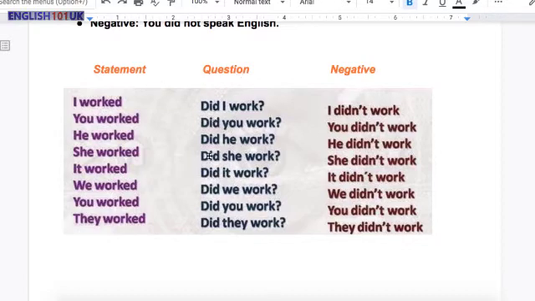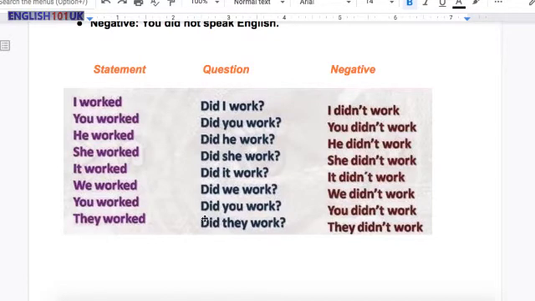Did I work? Did you work? And there is no ed anymore. If it's a regular verb, it comes to its original form. So it becomes work, not worked, because we don't need ed anymore because we are using did as a helping verb.